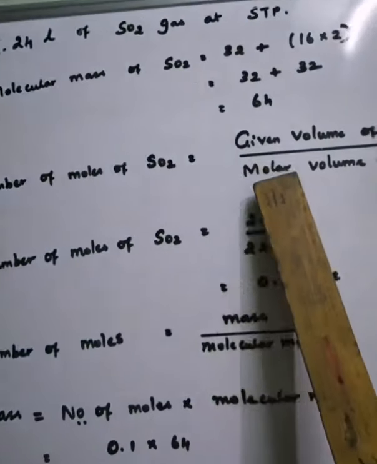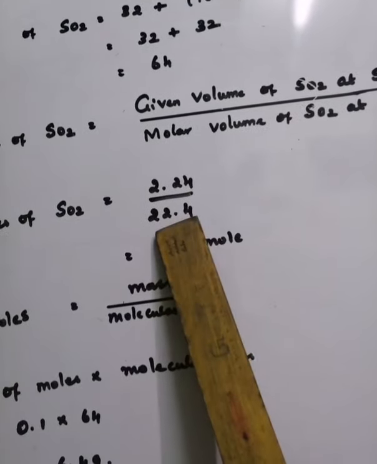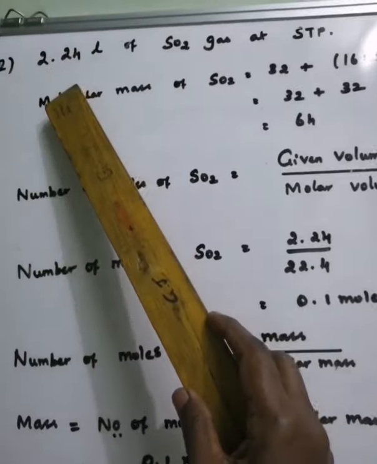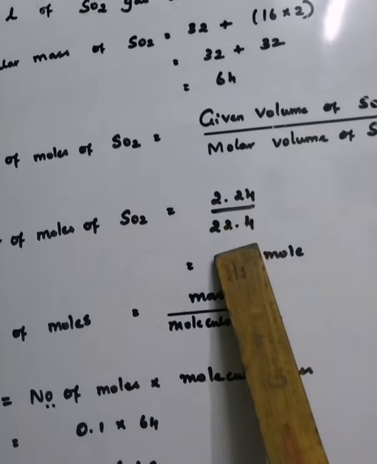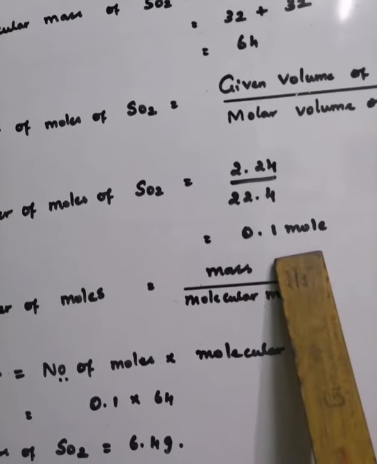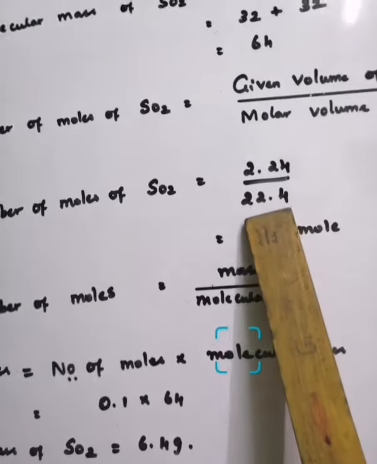You all know that molar volume of any gas at STP is 22.4 liters. So, substituting in the above formula, 2.24 divided by 22.4 liters, you would be getting 0.1 mole. So, second step, you have found out the number of moles.